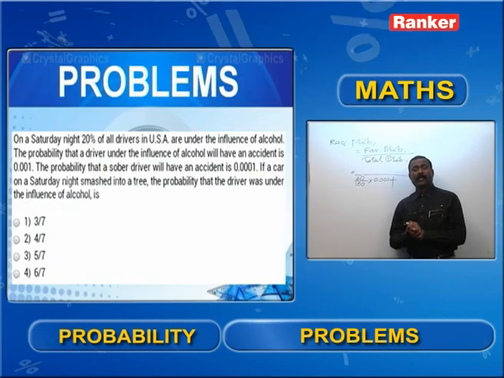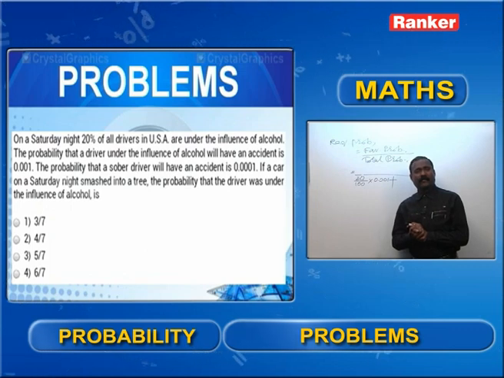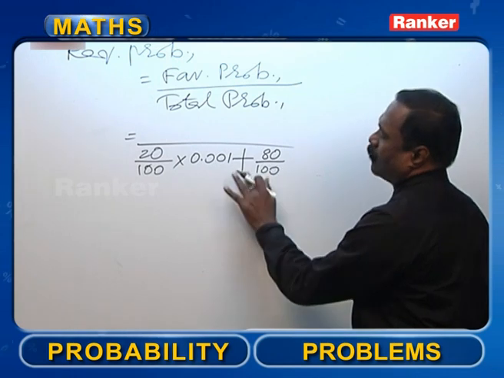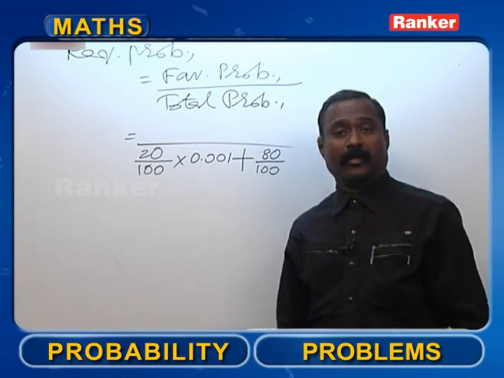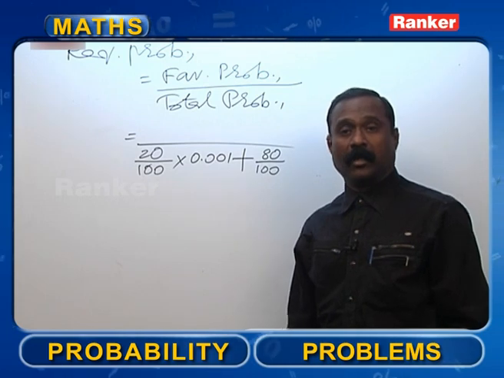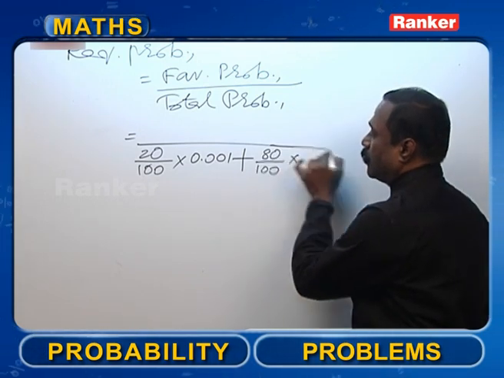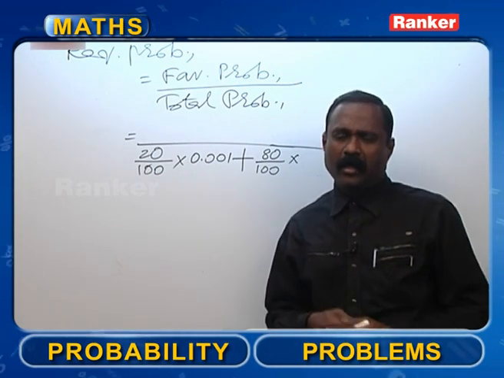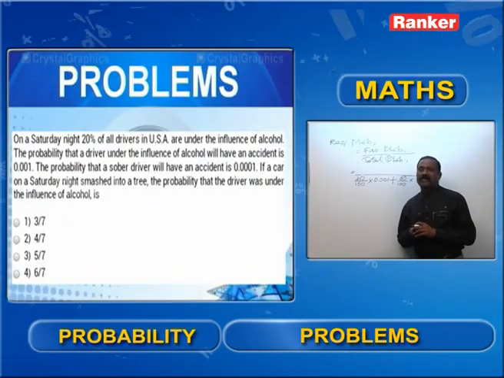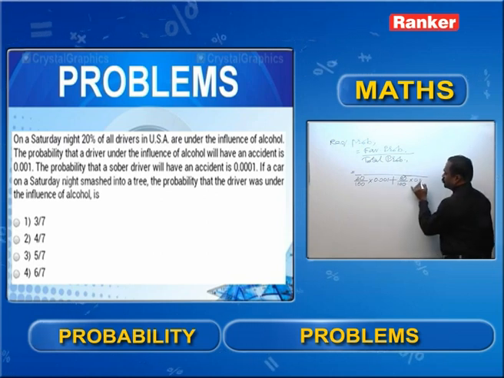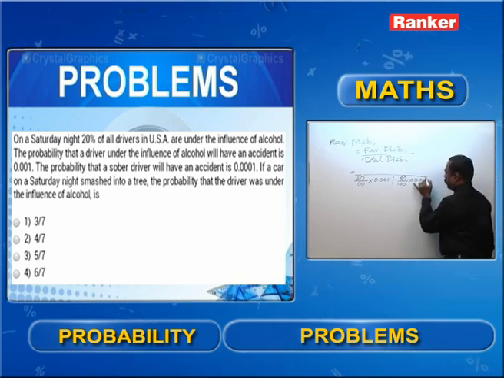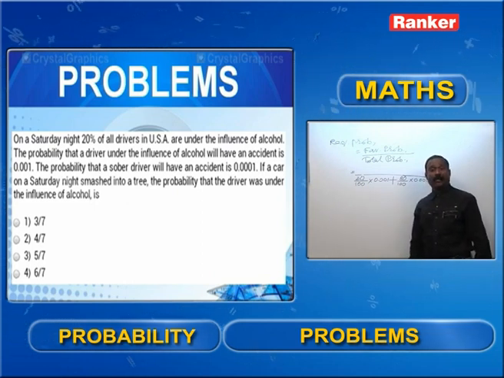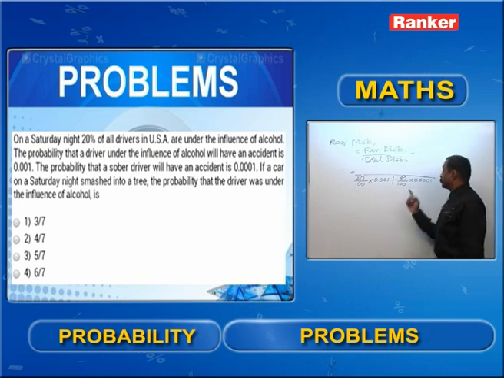Next, when 20% are under the influence of alcohol, obviously 80% are without alcohol, into, because of these non-alcoholic drivers, the probability of getting an accident is 0.0001. You can see that clearly, please see the data: 0.0001, three zeros are there.